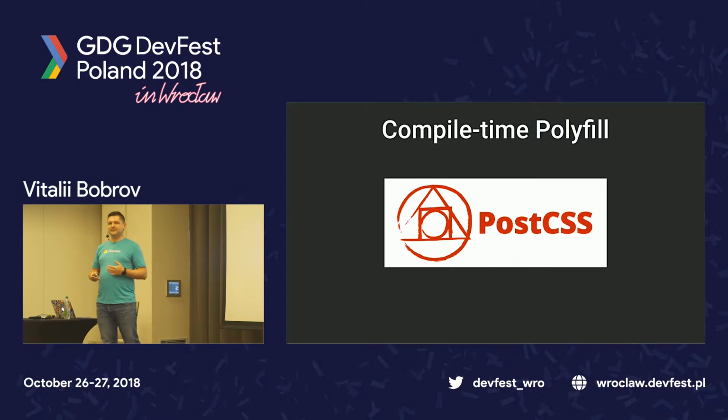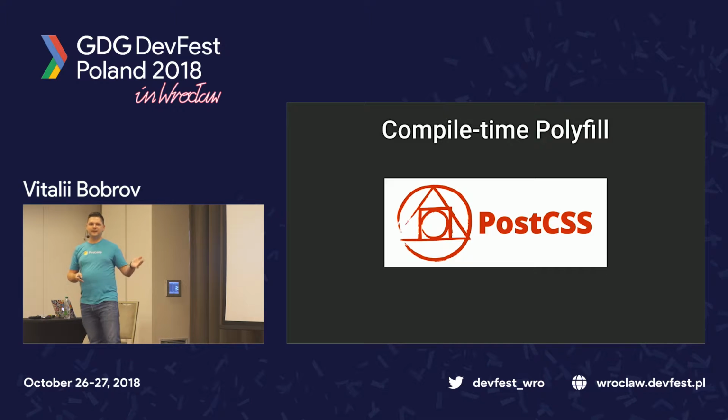On the other side, we have compile time polyfills with PostCSS. PostCSS is like Babel but for CSS. It allows you to use the latest syntax features right now and transpile them down to CSS that can be used with browsers like IE, Edge, Chrome, with all prefixes. The only thing this project does is build an abstract syntax tree of CSS and apply plugins.